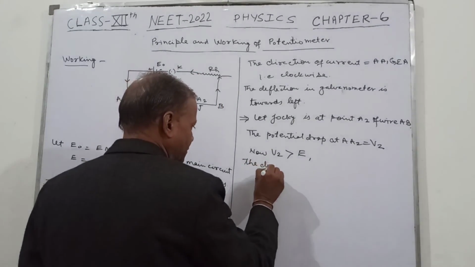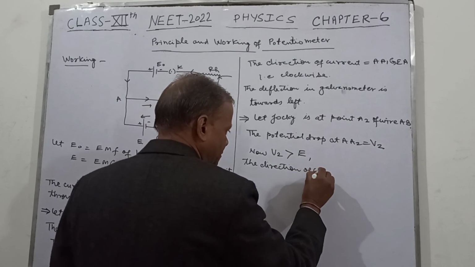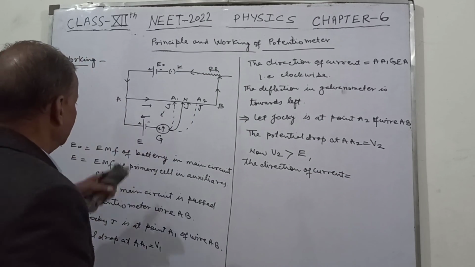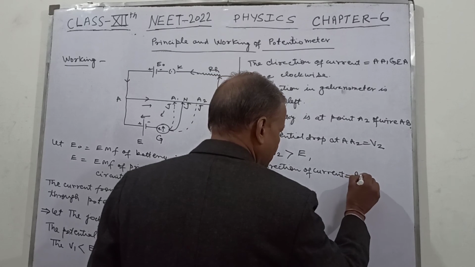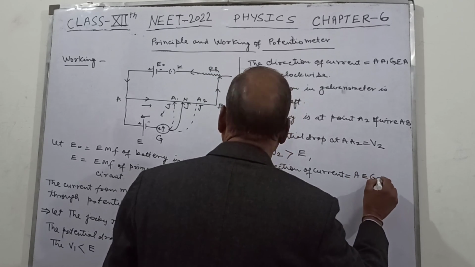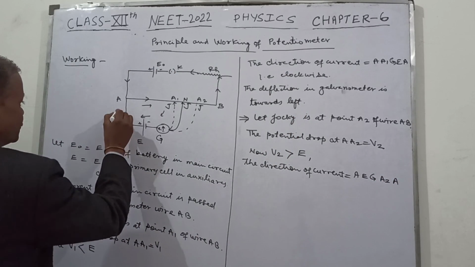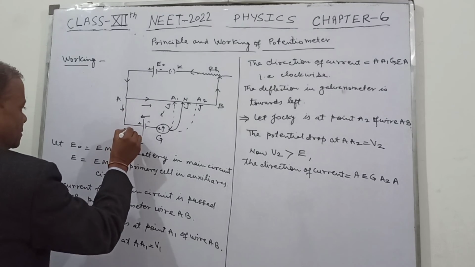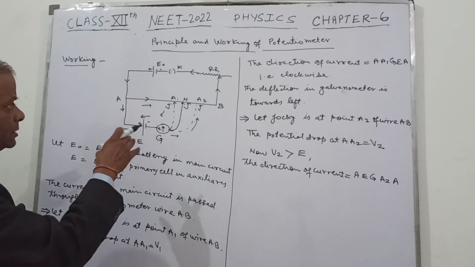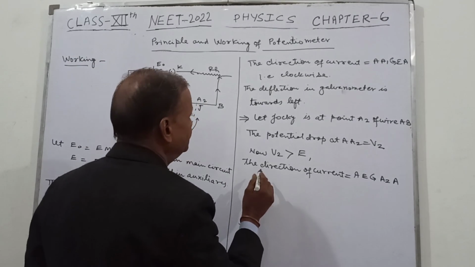The direction of current is A, E, G, A2 and A. So now the current will be in this way, the anti-clockwise direction.